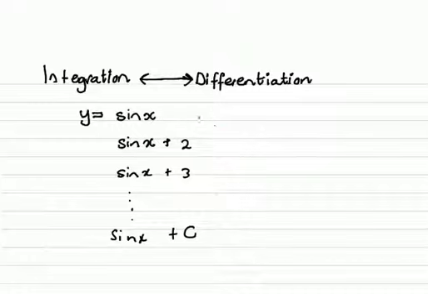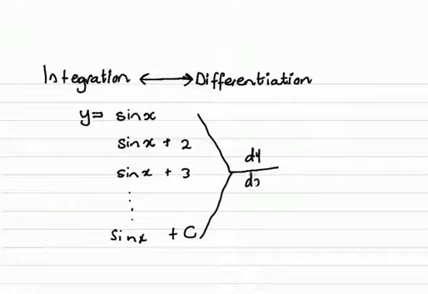Now, you should understand that by the process of differentiation, if I differentiate this y with respect to x, the answer here will be cosine x. What I'm trying to do here is understand how integration relates to differentiation.